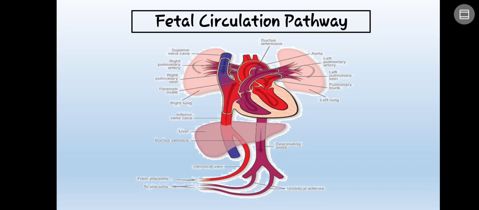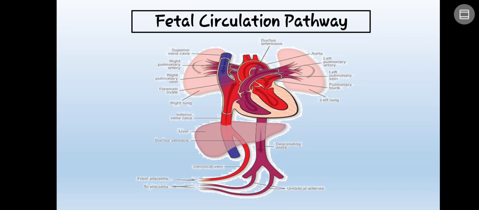The ductus venosus will gradually close after a few days and turn into a fibrous ligament that we call the ligamentum venosum, which forms part of the liver. Is that okay? Because you realize that the ductus venosus is even closer to the liver. So after some days, the ductus venosus will close and gradually become a ligament.